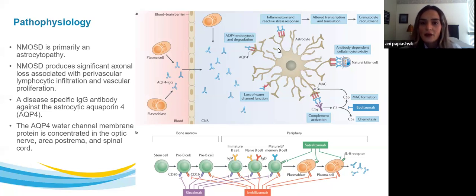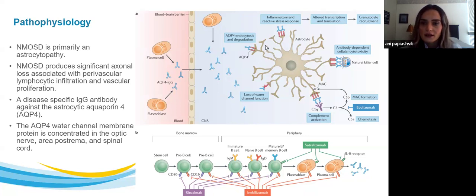I will use this illustration to make the pathophysiology of neuromyelitis optica spectrum disorder more clear. Here you can see the blood, and these autoantibodies against aquaporin channels are produced peripherally by plasma cells, and then they cross the BBB, or blood-brain barrier, and go to the CNS, right?